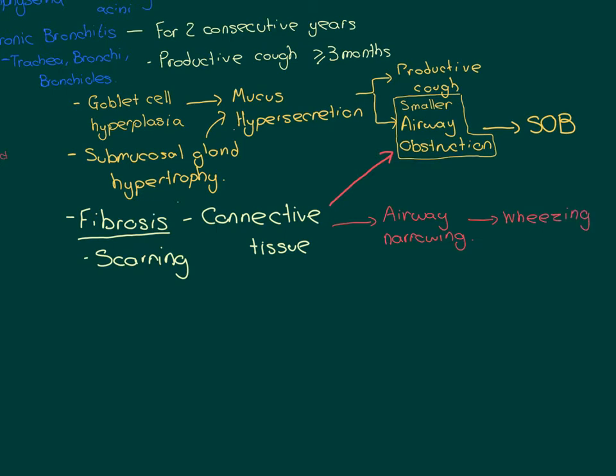And wheezing is the noise that you're going to get in response to air being forced through smaller tubes. So when you force air through smaller tubes, that air is going to have to move faster through the smaller tubes. So let me just explain this in a little bit more detail. If we have two tubes, so here's one tube, like so, and here is another much narrower tube.